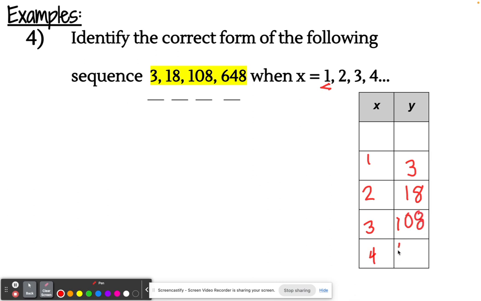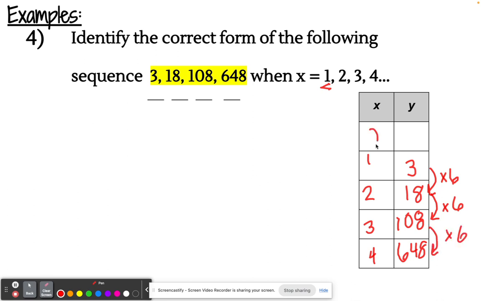And 4 is 648. Wow. This looks like it's a multiply by 6 pattern. Is 18 times 6 108? It sure is. 108 times 6 is 648.